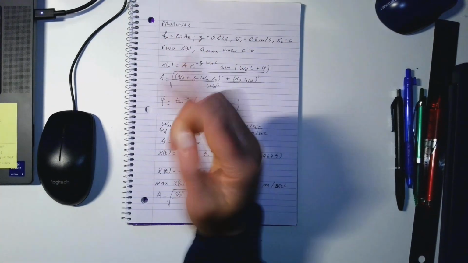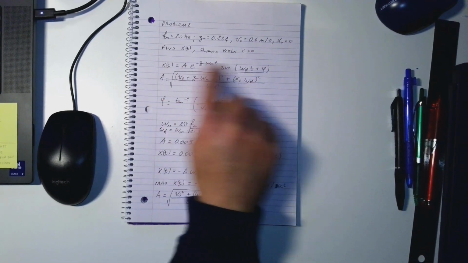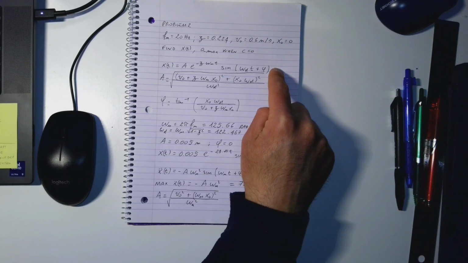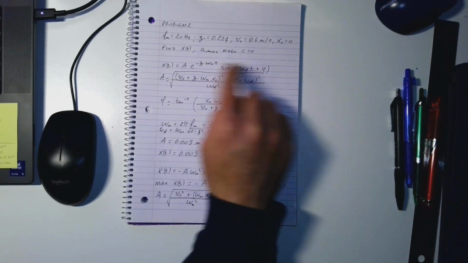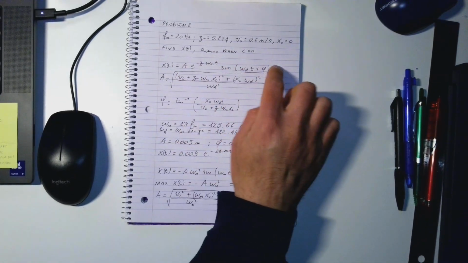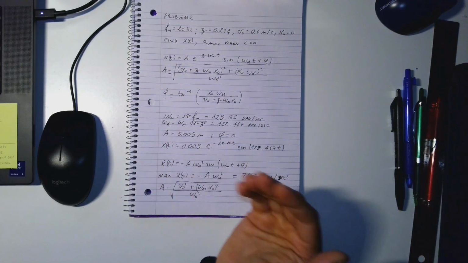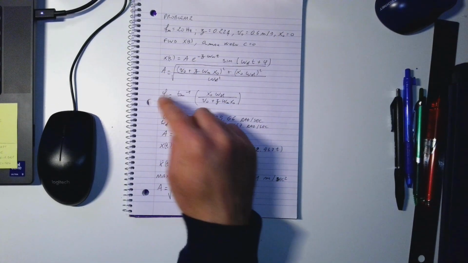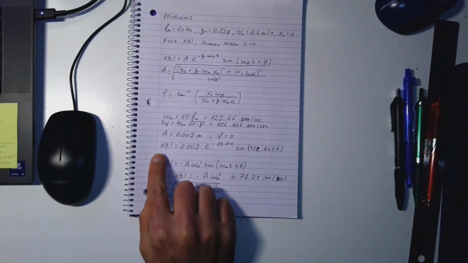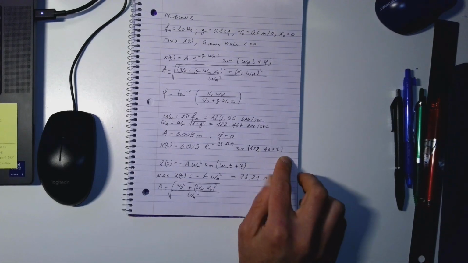For part A of the problem, finding x of t, we can simply recall the solution of the equation of motion. Remember, this is valid every time we work with a single degree of freedom underdamped system. So we have A and phi. We just need to calculate all our quantities, omega n, omega d, and plug in the expression of A and phi so that we can find x of t, the displacement as a function of time. This is the expression that we were searching for.